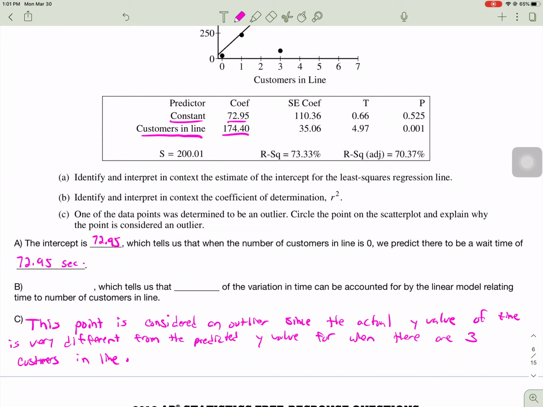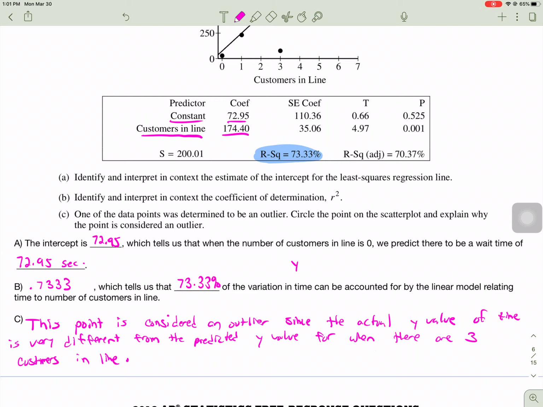Part B, identify and interpret in context the coefficient of determination r squared. Now, it's very nice that they told you what the coefficient of determination was, that it is r squared. They could give it without that. So r squared right here, we got 0.7333, which tells us that 73.33% of the variation in time can be accounted for by the linear model relating time to the number of customers in line, right?